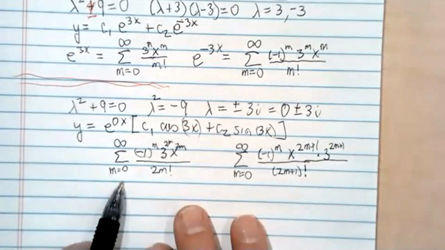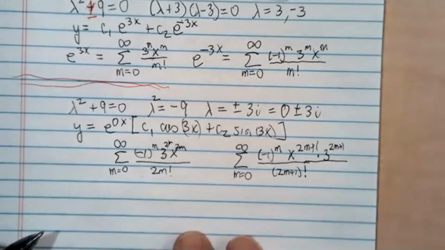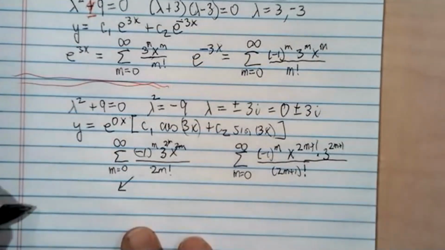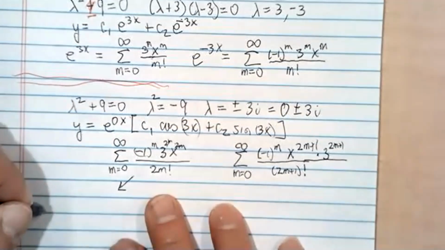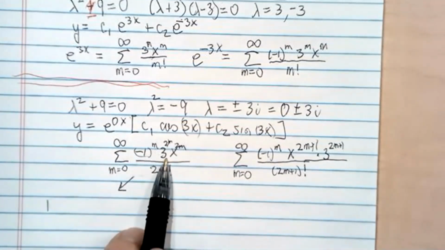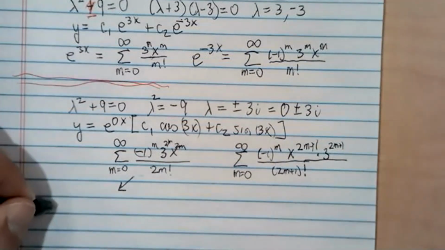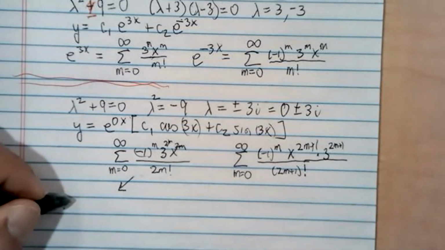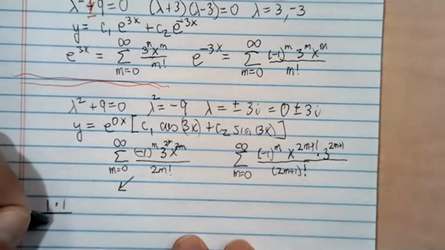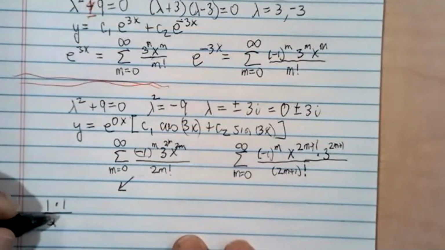let's think about what the first term of this series looks like. This guy right here. The first term of the series is 1, (-1)^0, 3^0 is another 1, x^0, over (2 times 0) factorial, which is just a 1, right?